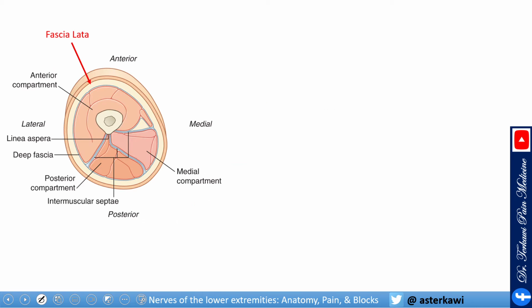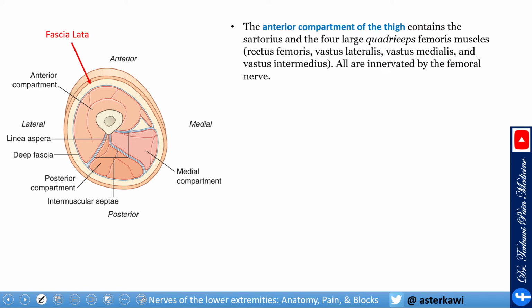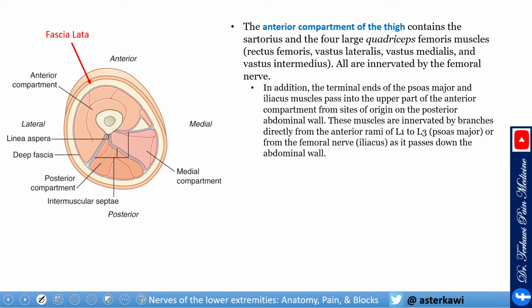So here again, the compartments, you see the fascia lata here. So the anterior compartment contains mainly the quadriceps muscles, which is the quadriceps femoris: the rectus femoris, the vastus lateralis, vastus medialis, and vastus intermedius, innervated by the femoral nerve.